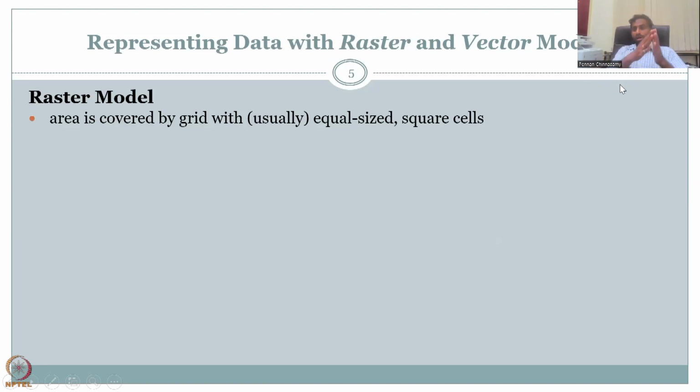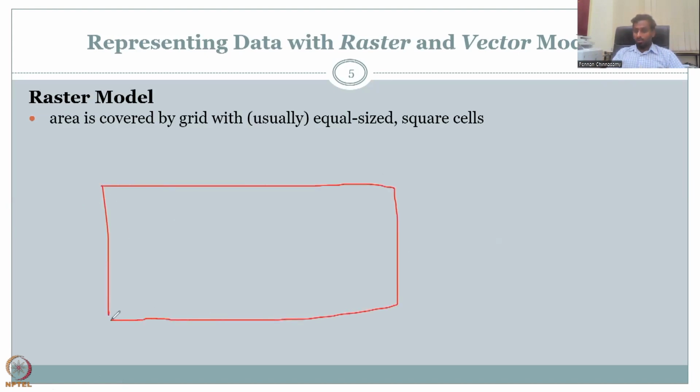As I said, if you have the map throughout, let me draw it for you. Yeah, so you have a map, and in the map area, every single area is having the data. This is in raster format.